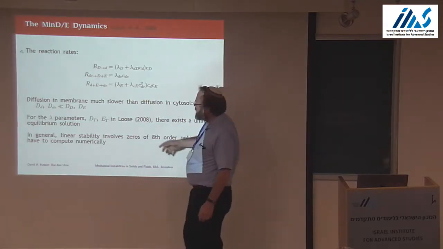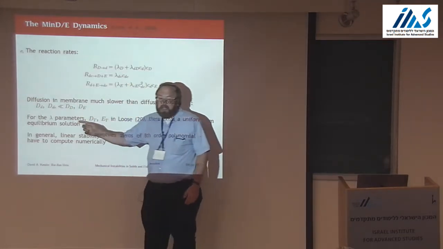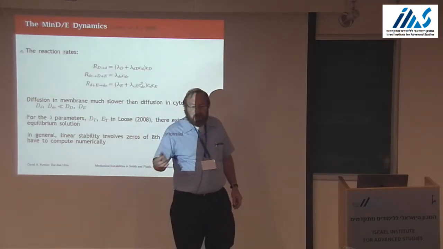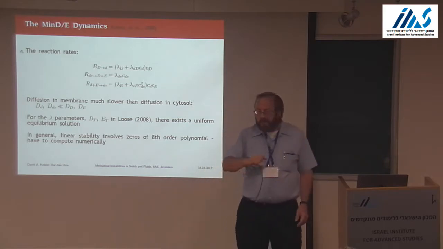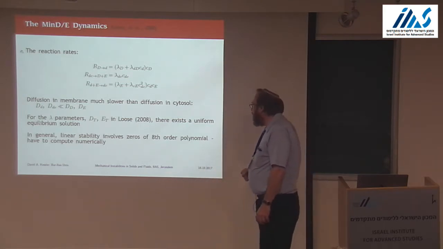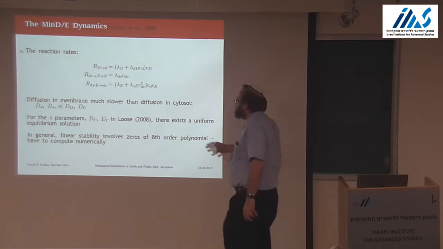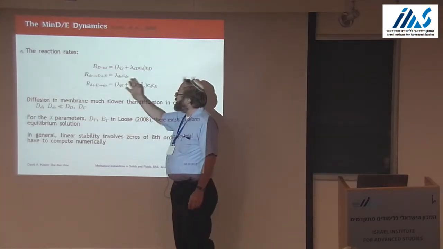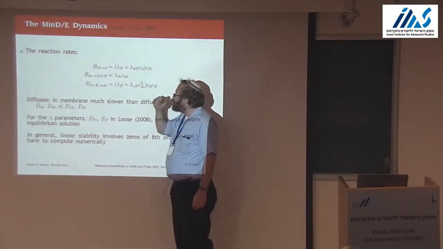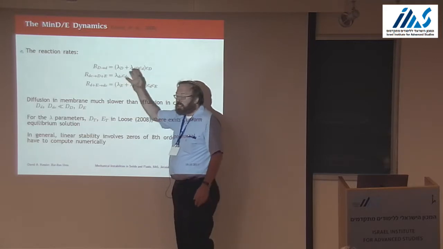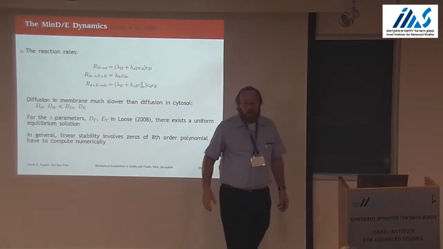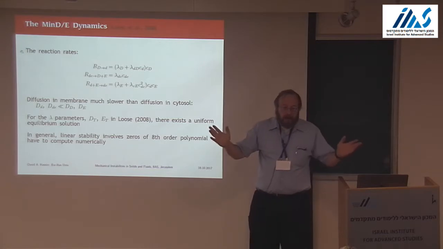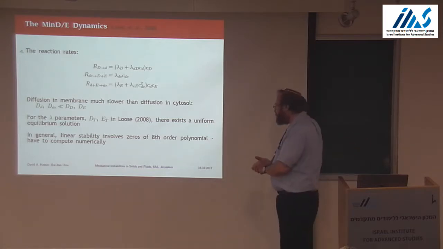The other point to notice is that diffusion on the membrane is obviously much slower than diffusion in the bulk. And in this paper they have guesstimates, measurements, some mixture of measurements and guesstimates, for all these parameters. So there's a model. Very nice.